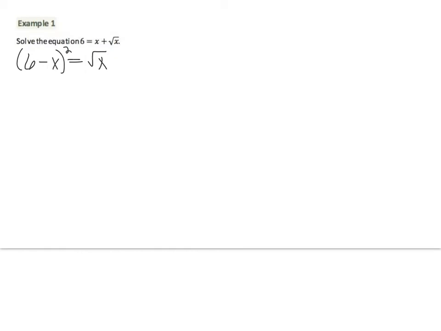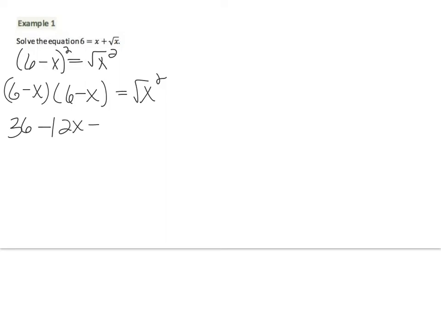Now I'm going to square both sides, and I'll be foiling the left, so you really have 6 minus x times 6 minus x equals the square root of x squared. So it gives 36 minus 12x plus x squared equals x, because the square root of x squared is just plain old x.